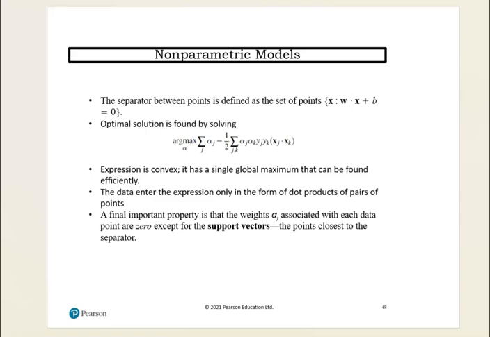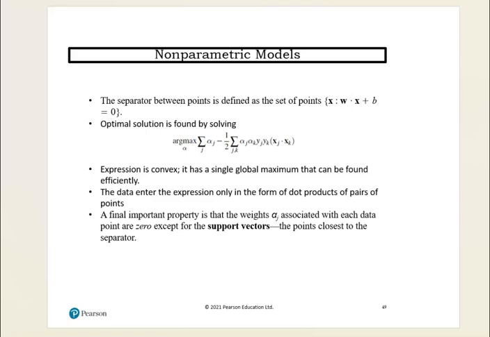Now, with that in mind, the separator is defined as a set of points x such that w dot x plus intercept b equals 0.